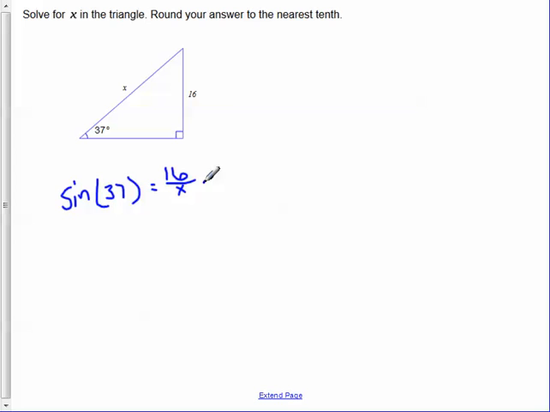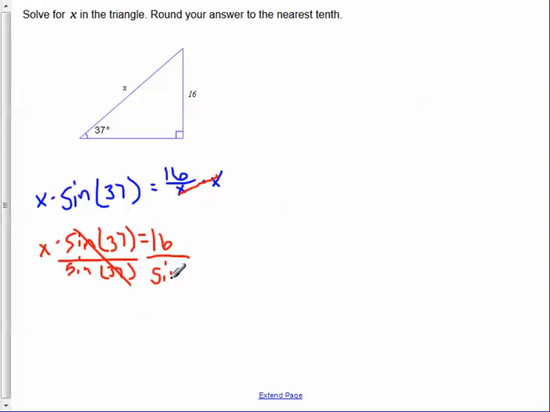So we multiply both sides by x first, and the x's cancel out. Then we have x times sine of 37 equals 16. To get x by itself, we divide both sides by the sine of 37.